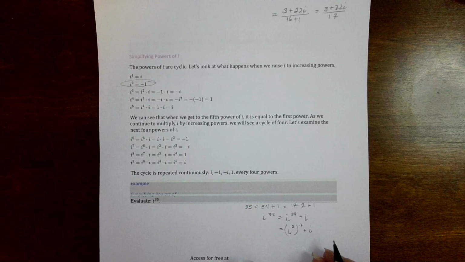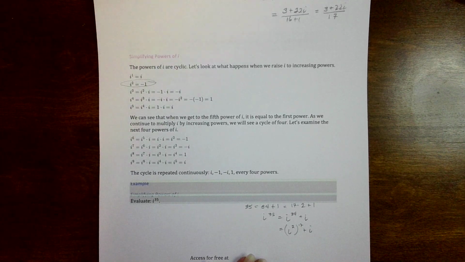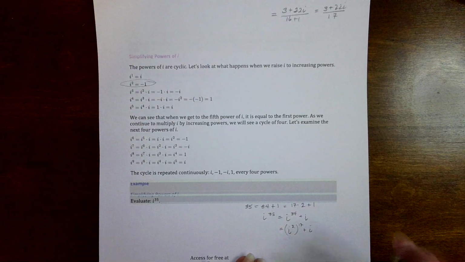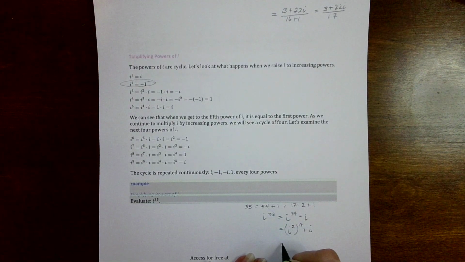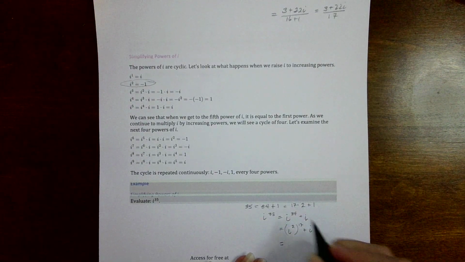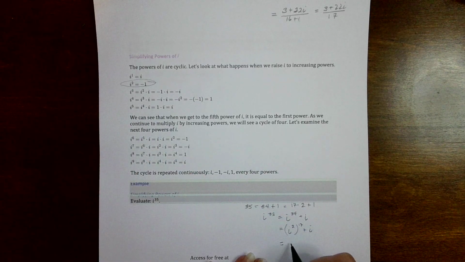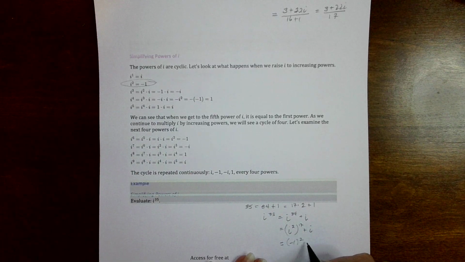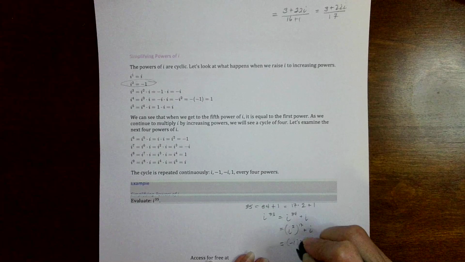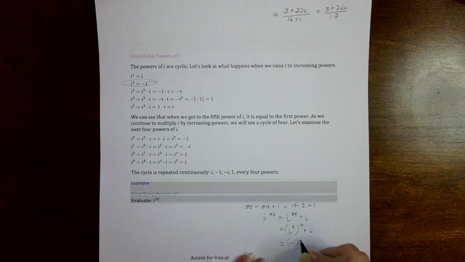Now your book wants you to divide by 4, and I just think that dividing by 4 is a lot to hold in your head. Dividing by 2 is just a little bit easier, especially if you're anxious. So I know that i squared equals -1, to the 17th power, times i.